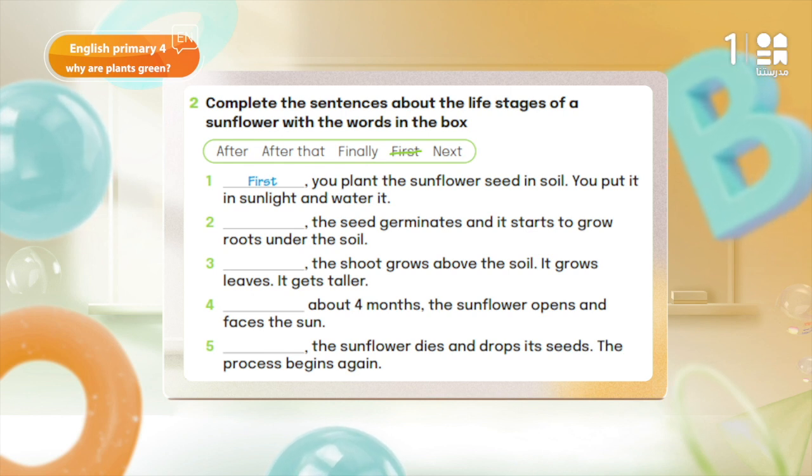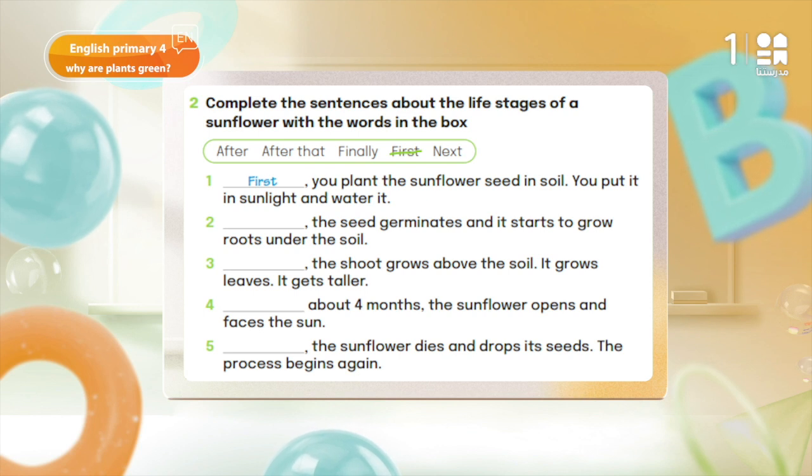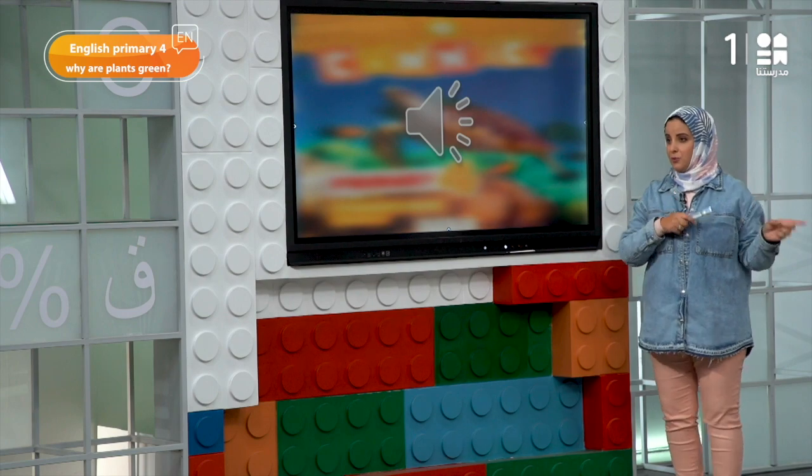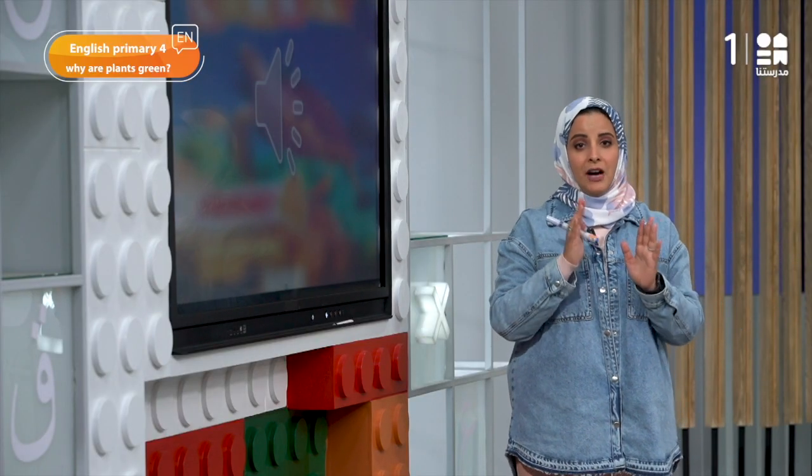It gets taller. 4. After about 4 months, the sunflower opens and faces the sun. 5. Finally, the sunflower dies and drops its seeds. The process begins again.